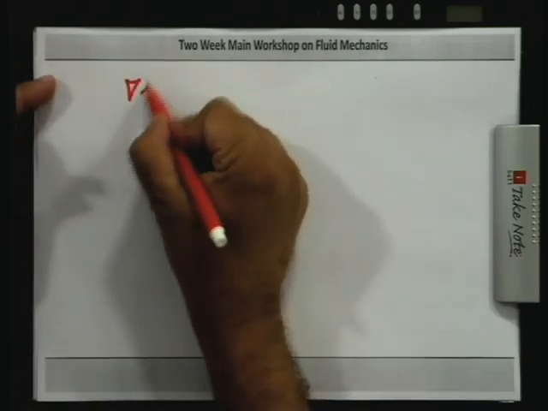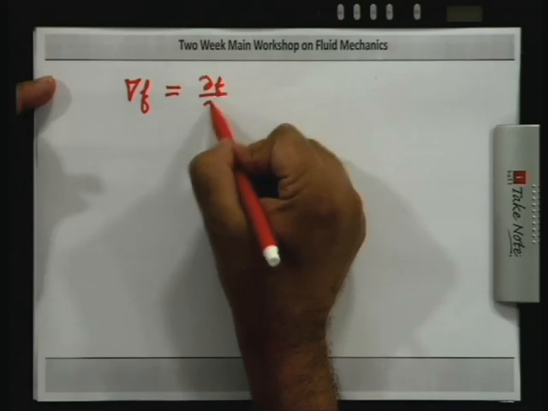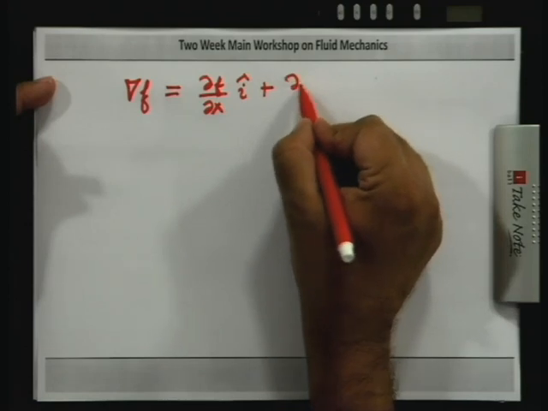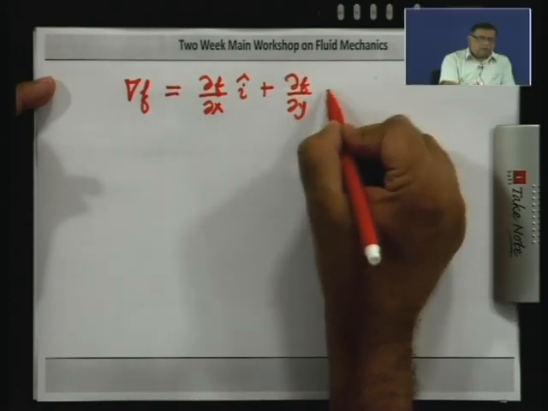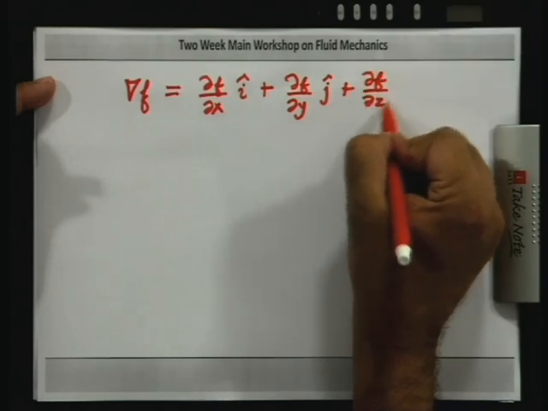Now, recall that the grad of a function f is ∂f/∂x i plus ∂f/∂y j plus ∂f/∂z k.